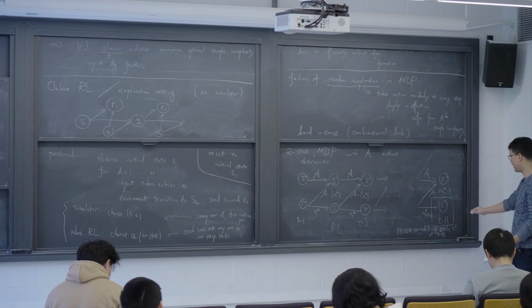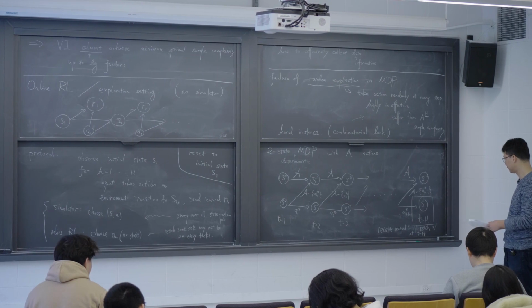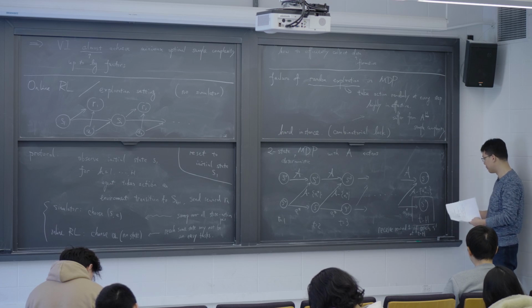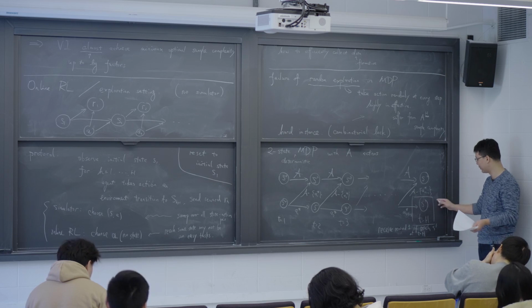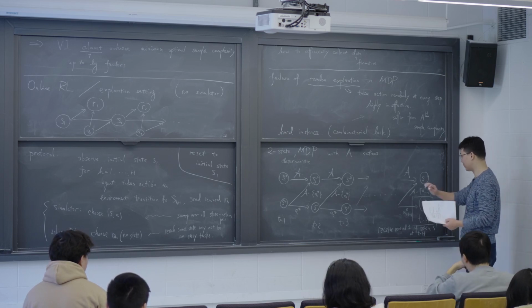So only at the very last step, if I go to S1, I get reward 1. Otherwise, I always get reward 0. If you're very strict that the reward has to be a state-action function, then it's saying that at the very last step, whatever action you take, you get reward 1. Otherwise, you get reward 0.